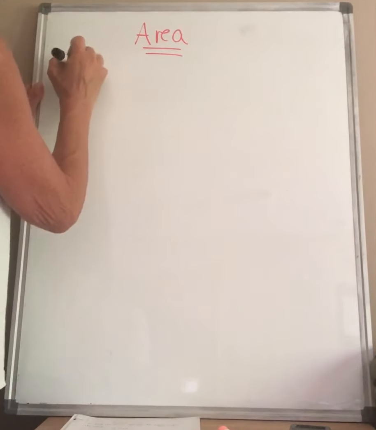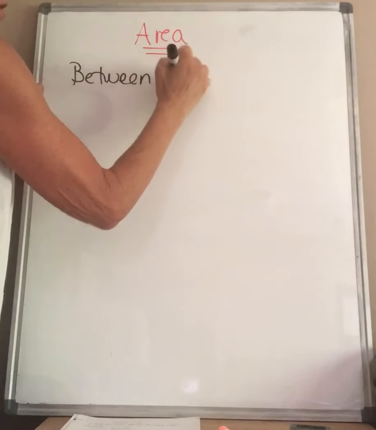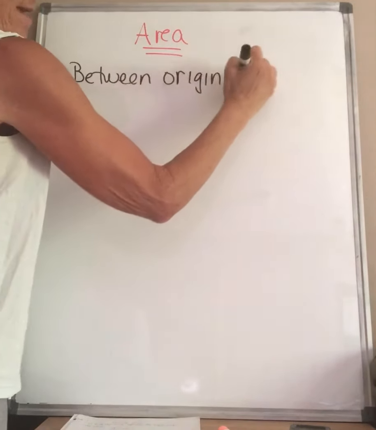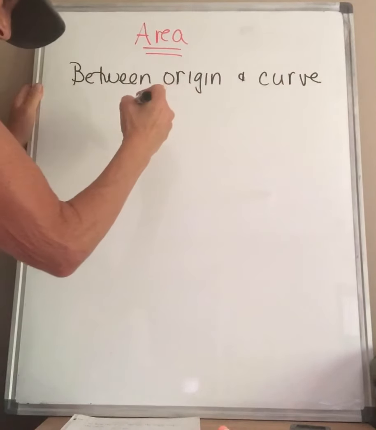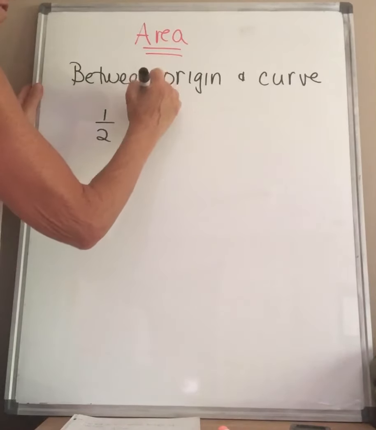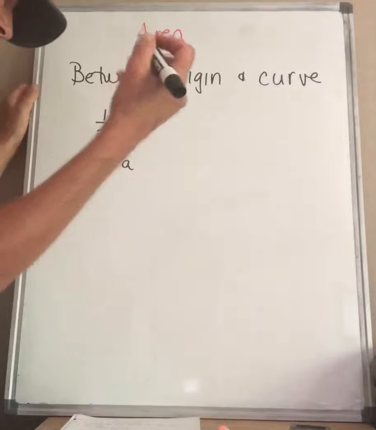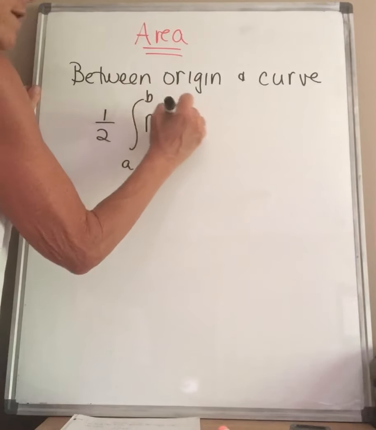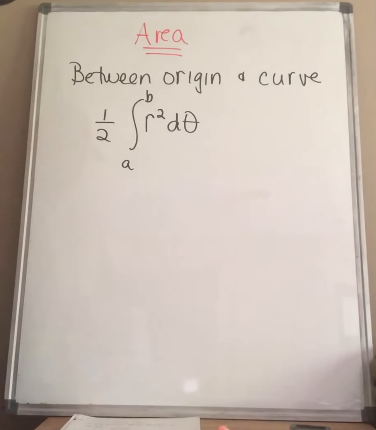If I ask you to find the area between the origin and the curve, the area is equal to 1/2 the integral from A to B, where these are your theta values, usually 0 to 2 pi, of r squared d theta. And that will get you the area.